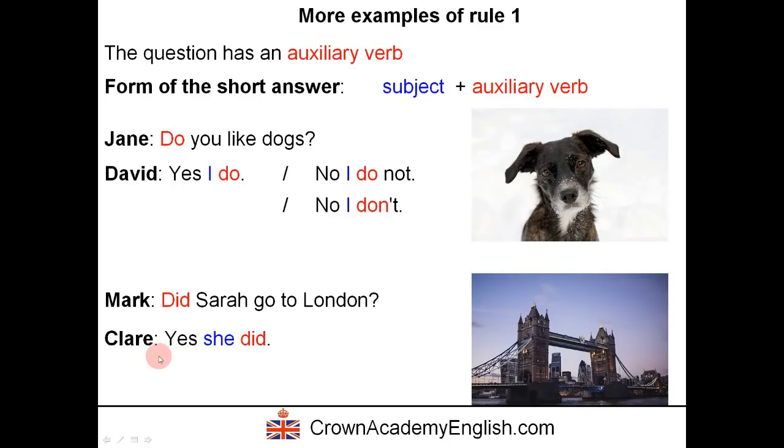So this means yes, she went to London. Or, no, she did not. So this is the full form. And here is the contracted form. No, she didn't. So no, followed by the subject, followed by the auxiliary verb. Did or didn't. Okay.